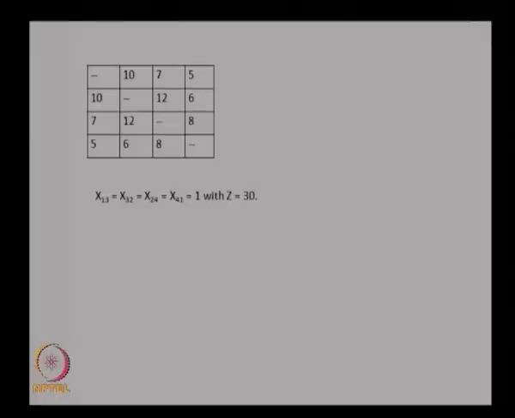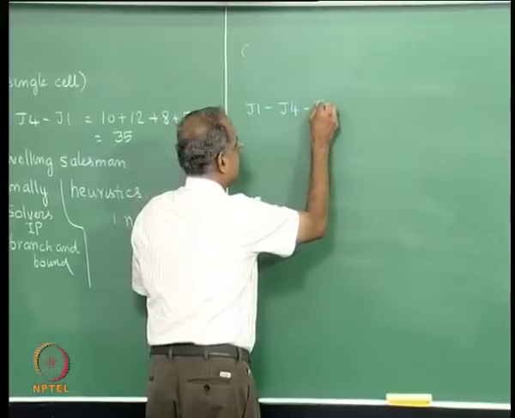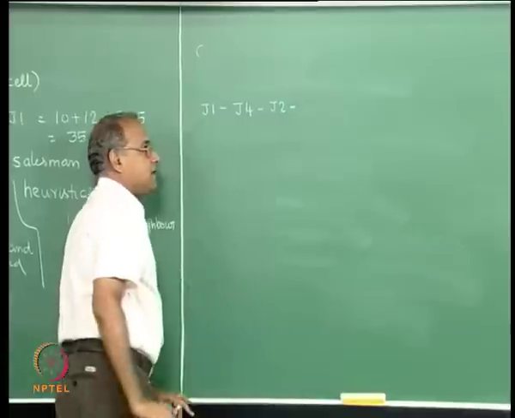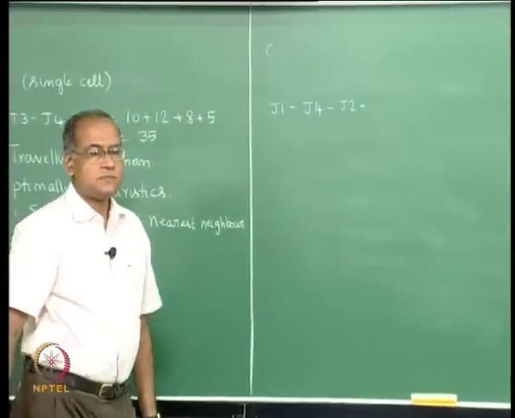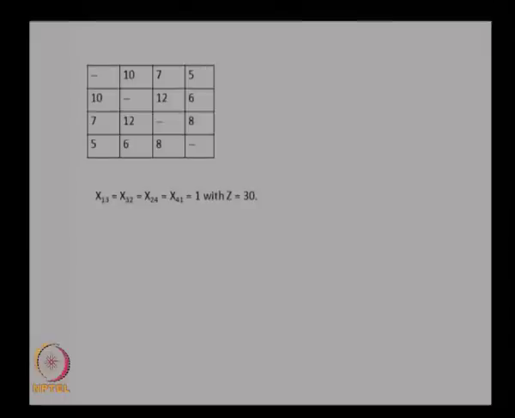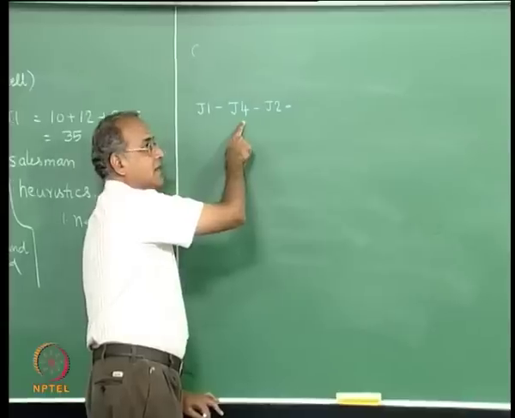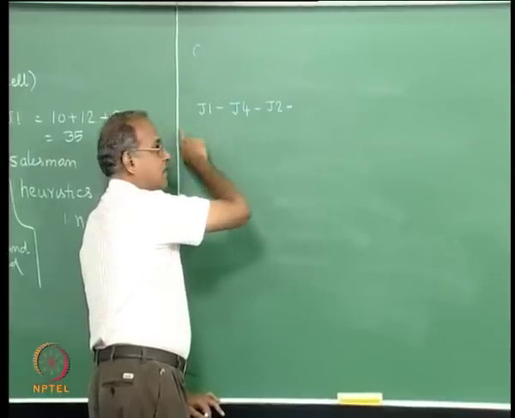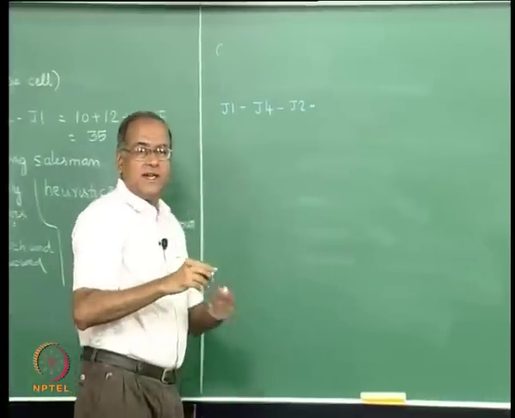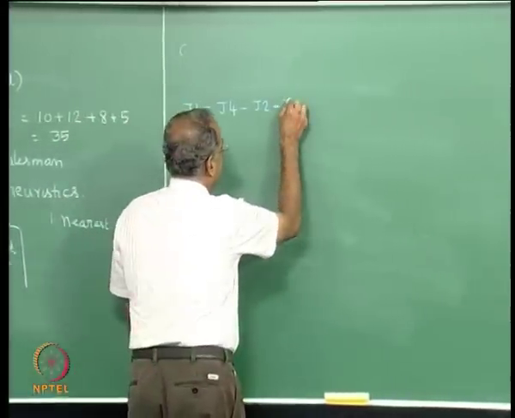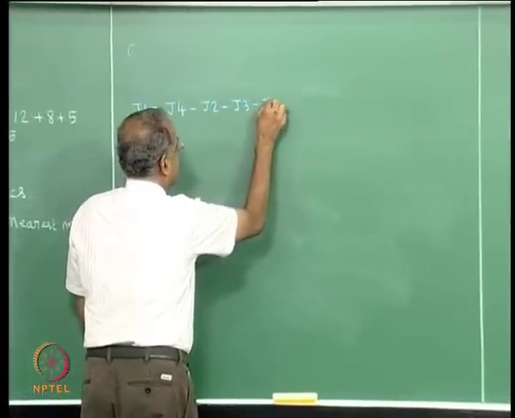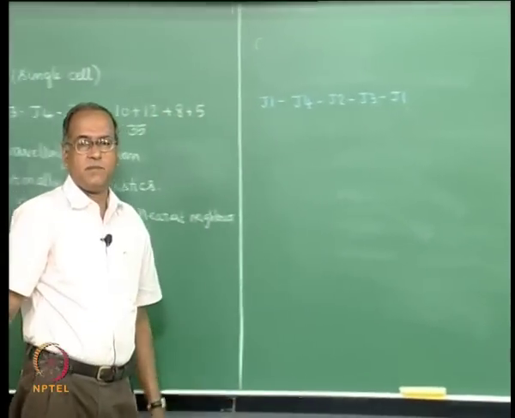So, we look at the next smallest one, which is J2 with time equal to 6. Now, from J2 we go back and see that the smallest is J4, but J4 is already here. The next smallest is J1, which is already here. So, the only one that is available is J3, and from J3 we come back to J1.